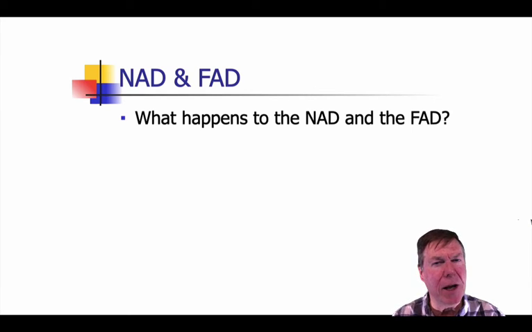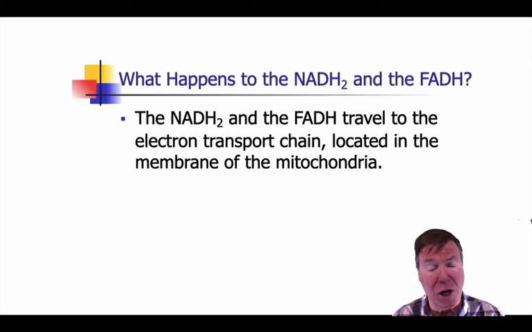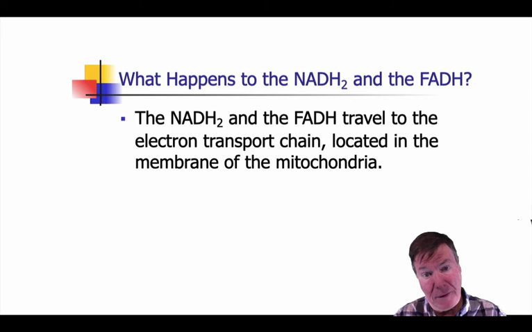But what happens to those NADs and FADs? And that is actually the whole purpose of the Krebs cycle, is to get those NADs and the FADs. We need to talk about those. Well, they're going to travel to a thing called the electron transport chain, which is located in the outer membrane of the mitochondria. And that's the subject for the next video.